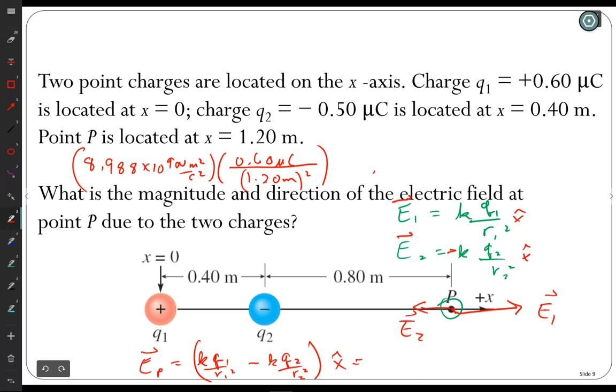I'm going to factor out the K. Notice I just put the magnitude of the charge. I didn't put the minus sign because I've already taken account of directions elsewhere. Should you convert to Coulombs? In my calculation, yes. So the 0.6 microcoulombs is going to be in my calculator 6 times 10 to the minus 7 coulombs. Really important. So what do we get for this?